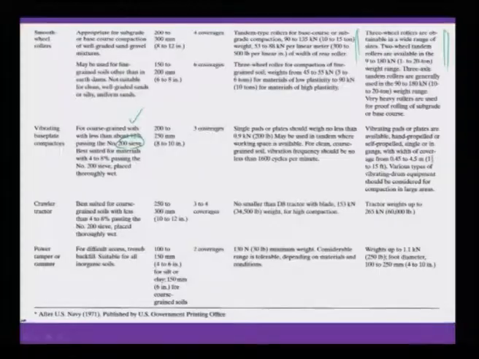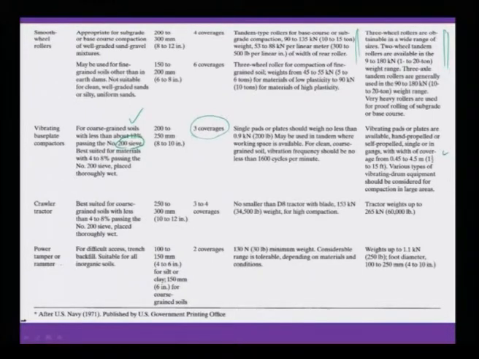In that case, you will go for the vibratory base plate compactor. Generally you provide 3 passes, and single pads or plates should weigh not less than 0.9 kilonewton.